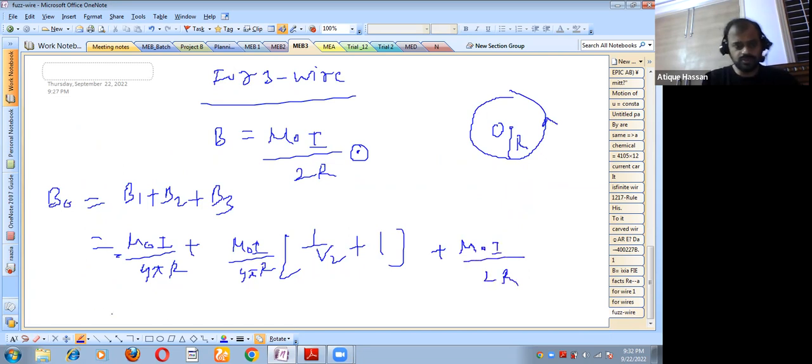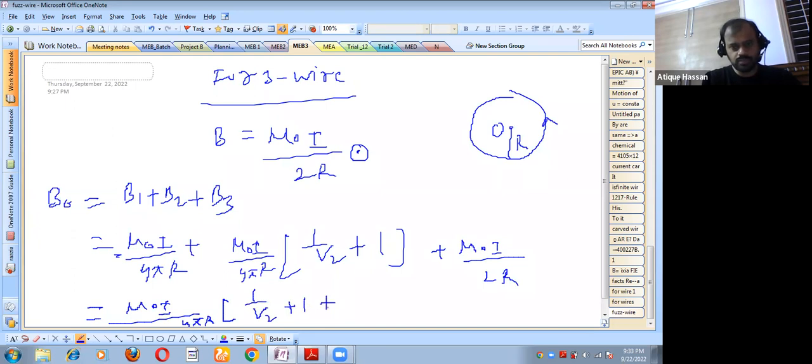So what will be the value of magnetic field? We can take mu naught I by 4 pi r common, so we will get 1 by root 2 plus 1, minus 1, and then mu naught I by 2r.